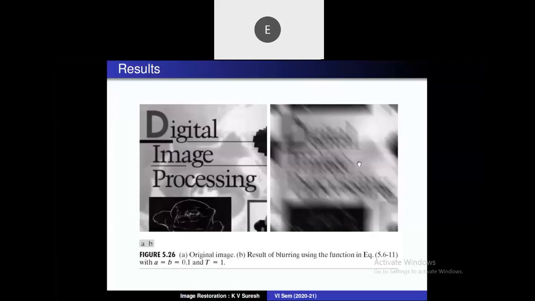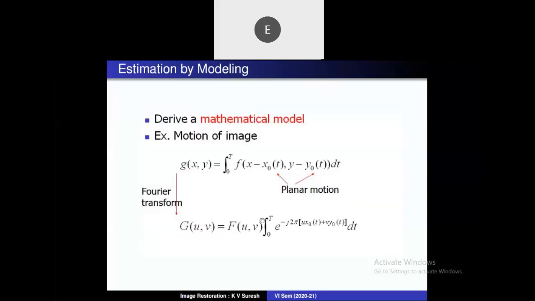Okay, I have the blurred image here. This is how I can estimate by just using modeling. The only requirement is the model that you use. That depends again on the motion that has happened. If there is a complex motion like rotation or movement in the z direction, this model cannot work. You have to modify the model.